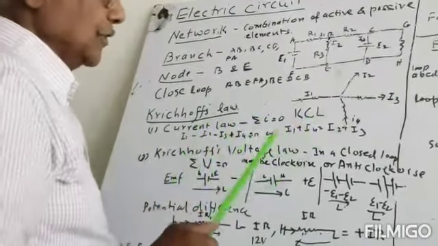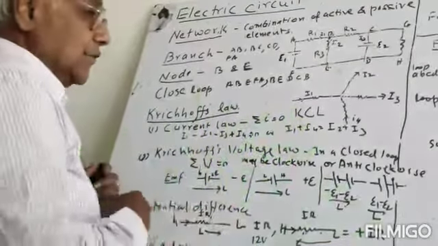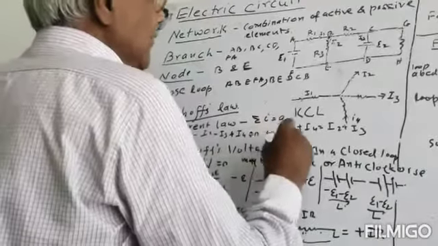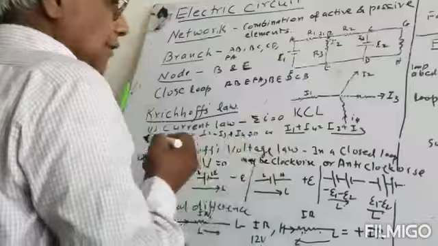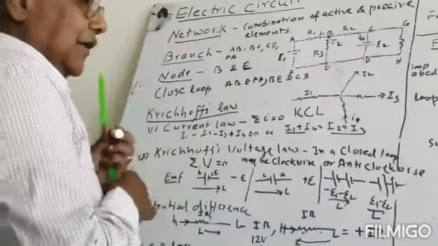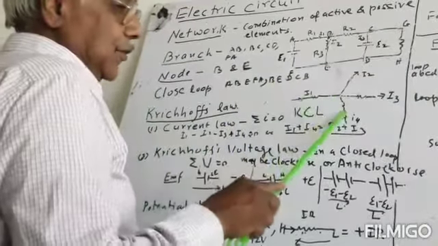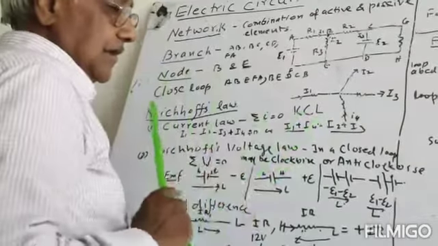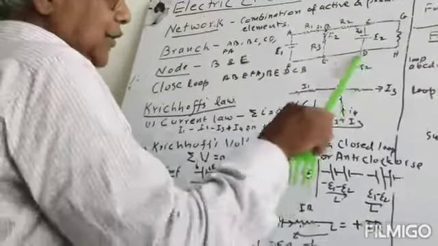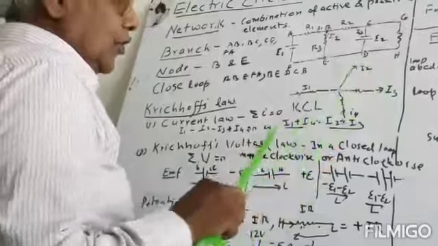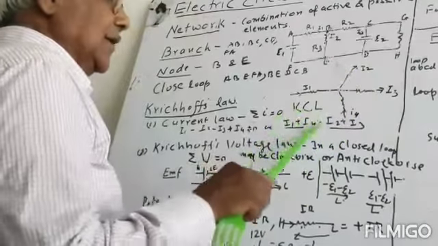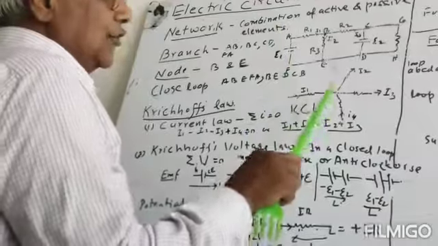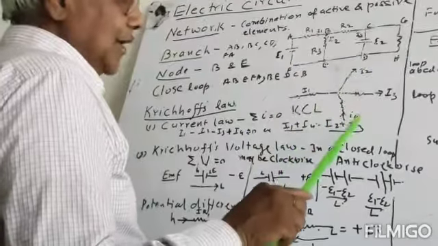So we can also say that the total algebraic sum of the input current will be equal to the total algebraic sum of the outgoing current. Incoming currents are I1 and I4, and I2 and I3 are going outward. So the total algebraic sum of the input current I1 plus I4 will be equal to the outgoing current I3 plus I2.